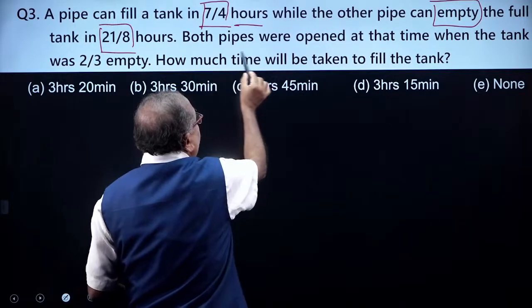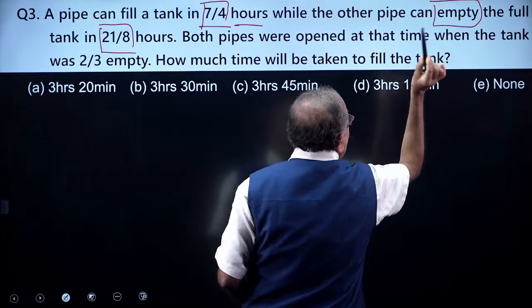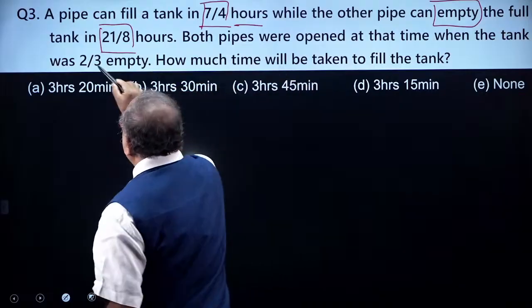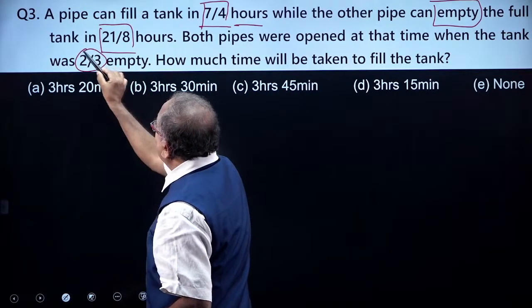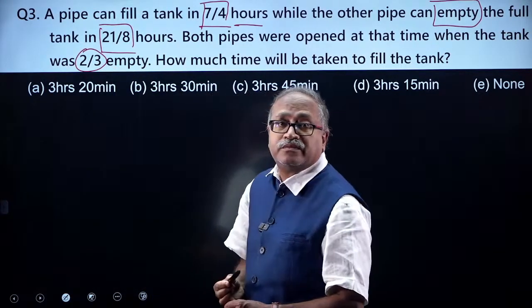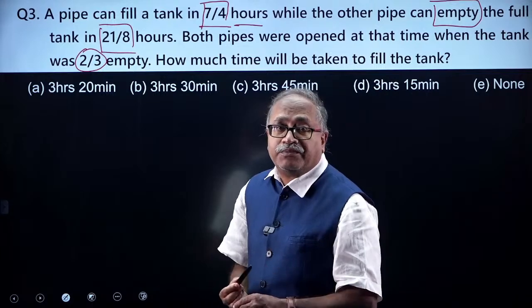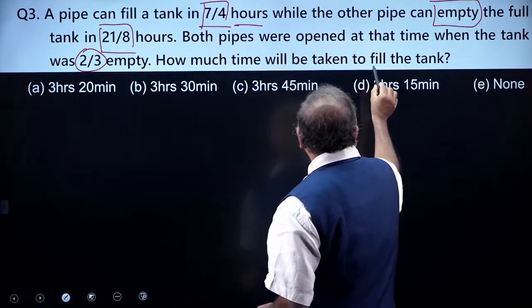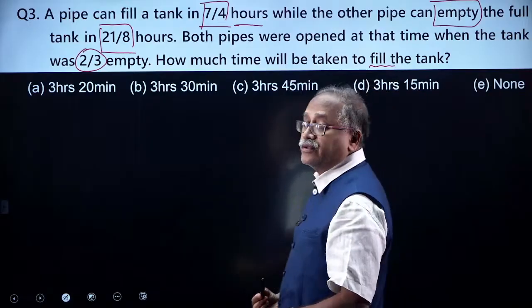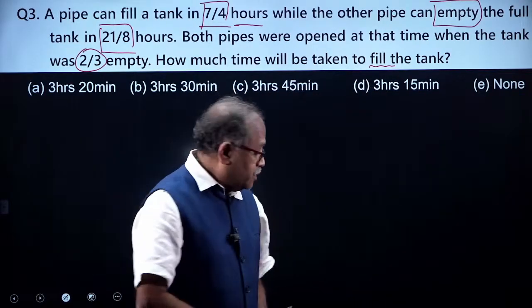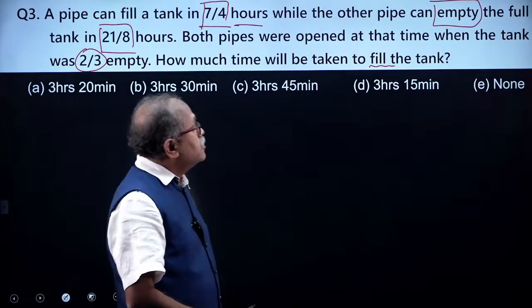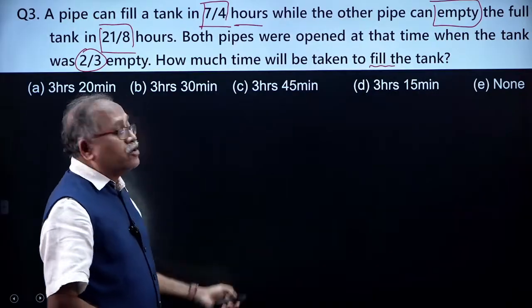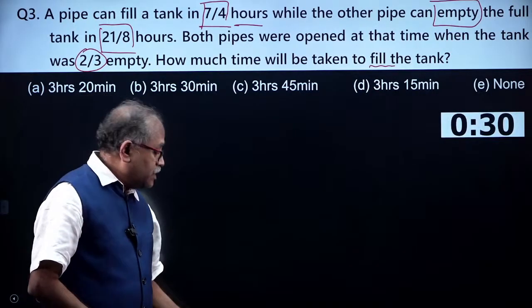Now both the pipes are opened at the time when the tank was 2/3 empty. How much time will it take to fill the tank? Come on. So basic question, but the numbers are not round figures. Your 30 seconds starts now.